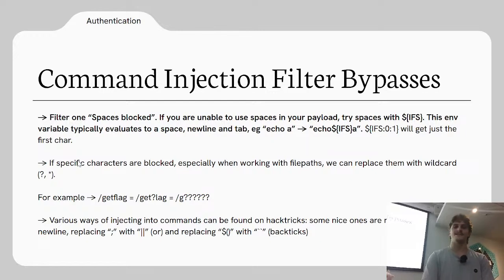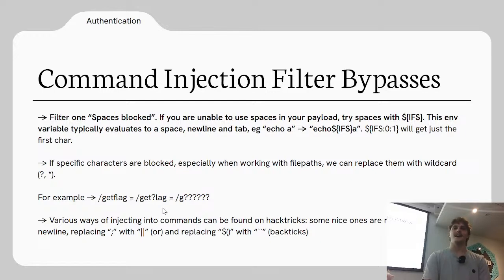Obviously, you can also try base64 for encoding your payloads. If they block specific characters, especially when we're working with file paths, as most of you are familiar, we can replace them with wildcards. In Bash, a wildcard just looks like a question mark, right? The most common example: let's say they blocked an F when we wanted to run the command getFlag.